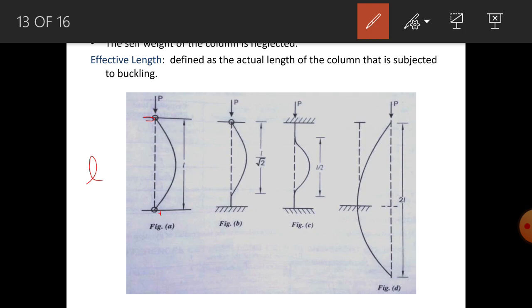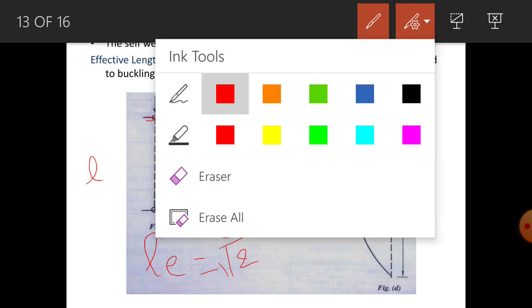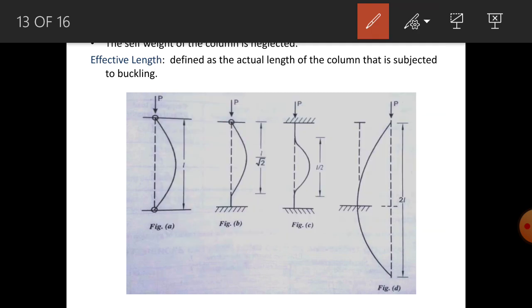If one end is hinged and one end is fixed, then your effective length will become L by root 2. In this figure 2 you can see one end is fixed and one end is hinged, so the effective length LE will be L by root 2. Third is both the ends are fixed.